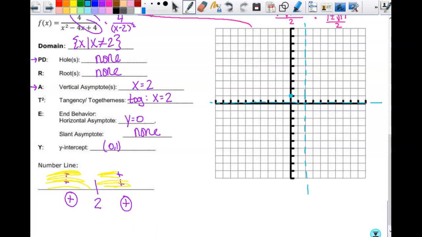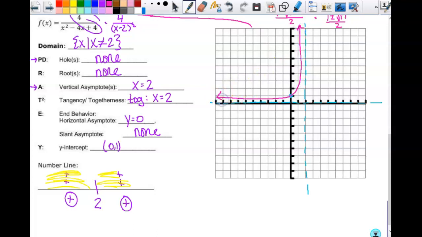Now, we can cross horizontal asymptotes, but I don't have to check this one because it's at y equals 0. I know that my graph is positive forever. The entire graph is positive, which means I know I'm not crossing this asymptote because it would have to become negative. Right? And then I know that from negative infinity to 2, it's positive. So the only thing that could be happening would be for it to look like this.